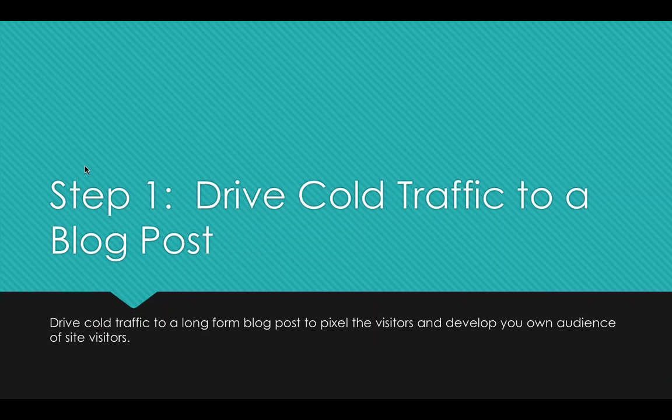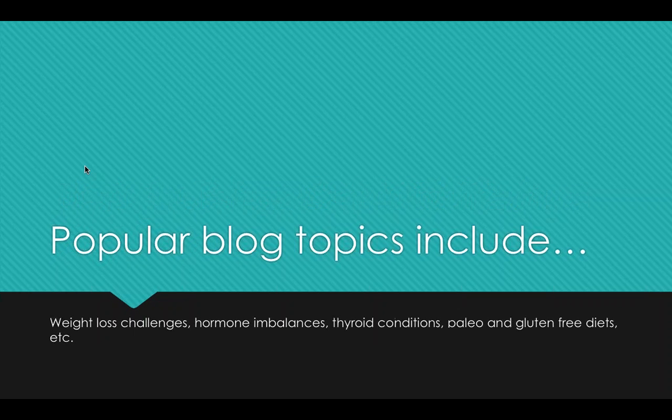Blog post topics that are working really well would include why you're not losing weight, blogs talking about hormone imbalances, thyroid conditions, paleo, gluten-free diets, things like recipes, detox programs, informational articles that are truly informational, and you're educating your audience.